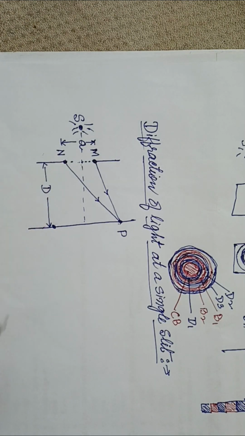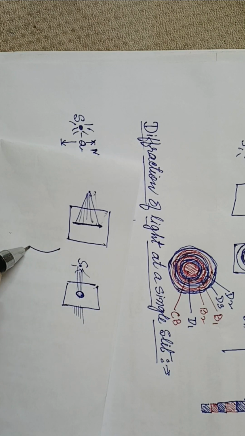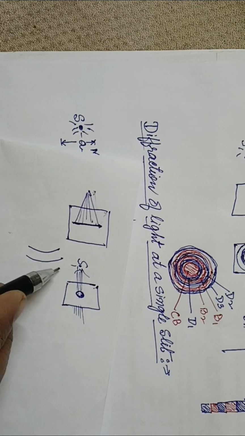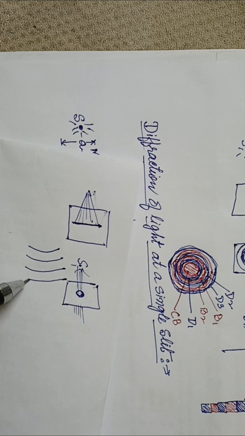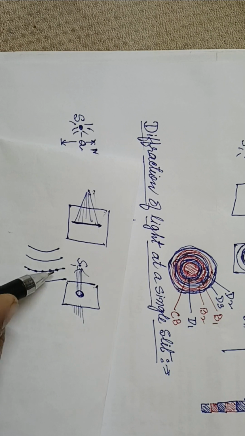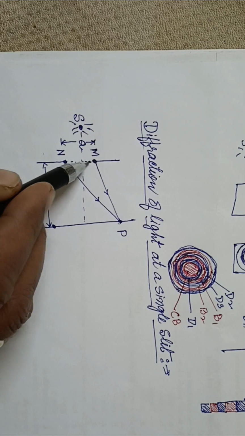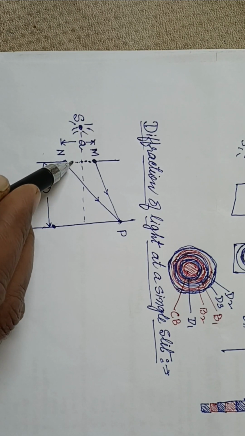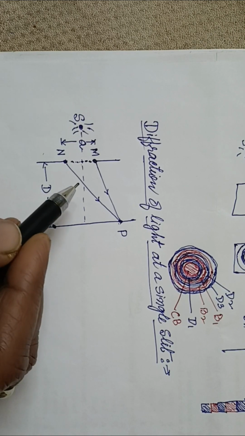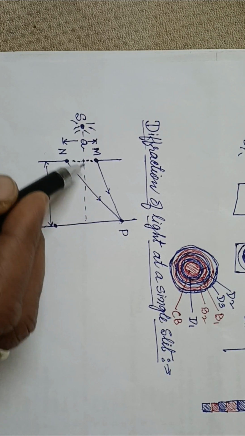As you know, the light source produces wavefronts like this, and each particle on these wavefronts produces secondary wavelets, and both travel with the same speed and perpendicular to the front. So accordingly, on this slit, each particle of the wavefront is a secondary wavelet, and they will produce other wavelets, and propagate with the same speed.